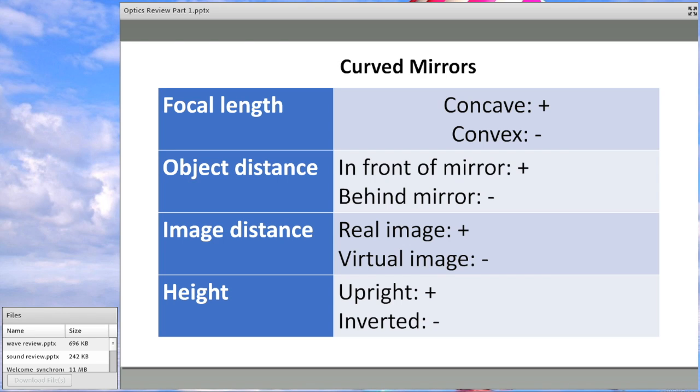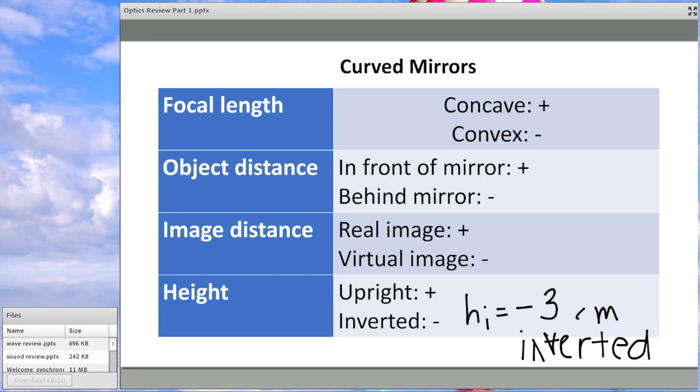But let's say you get a -3 centimeters for your height, and it says, is your image upright or inverted? Well, if you get a -3 for your image height, that's telling you that your image is inverted. So you can answer some of these types of questions with the math that's telling you something.